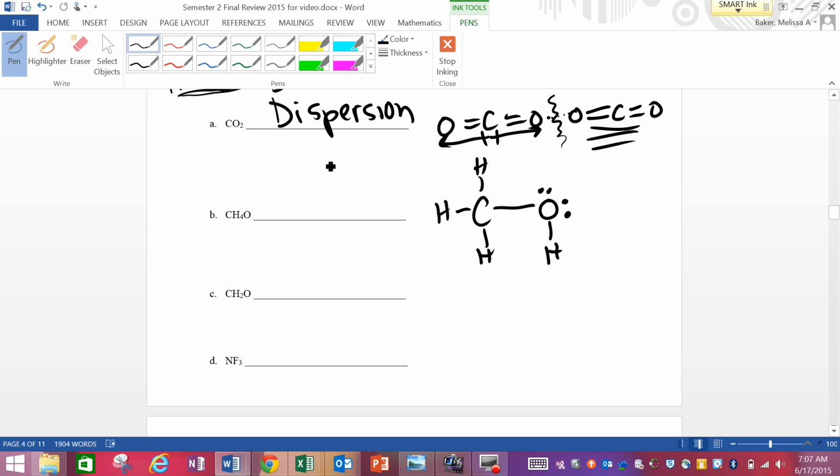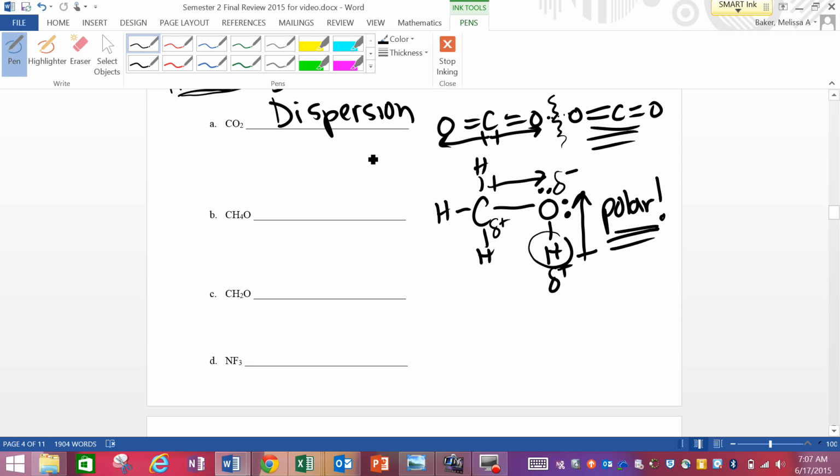So first, is this polar? Well, the oxygen is much more electronegative than the carbon and the hydrogen, so it's going to have a partial negative charge. It's pulling on their electron clouds, leaving these partially positive. Since it has those two different ends, this is definitely polar. So going by your flow chart, you have to ask yourself the second question.